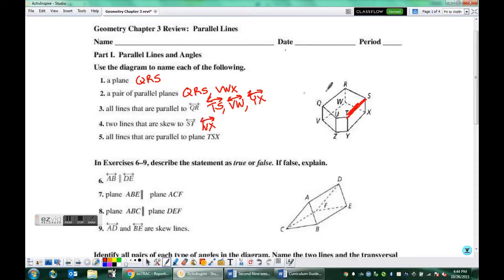If you were to look at WX, WX would actually run underneath TS. TS would almost be like a bridge over WX. Another example that I could have used is UZ, because it's running up and down, and TS, if I were to extend it, would run right past it.